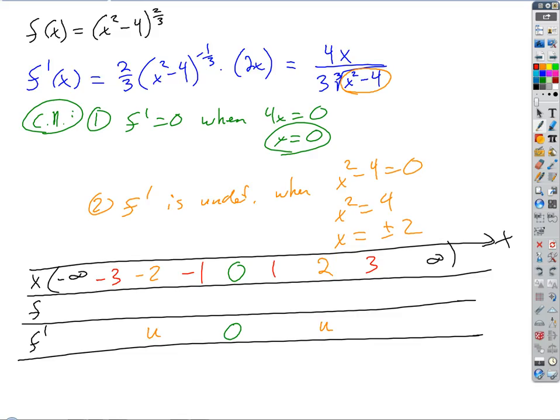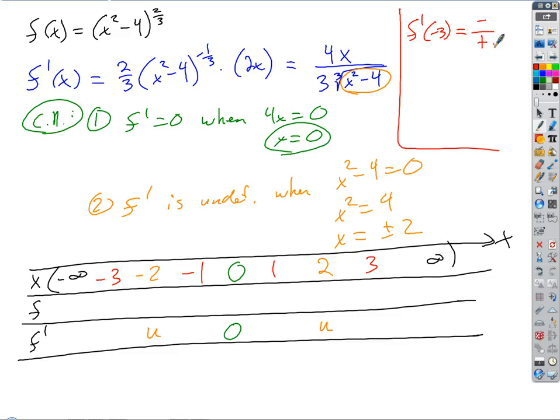Here's how I like to do this. f prime of -3 equals what? The sign of the top is negative. The sign of the bottom evaluated at -3 is positive.